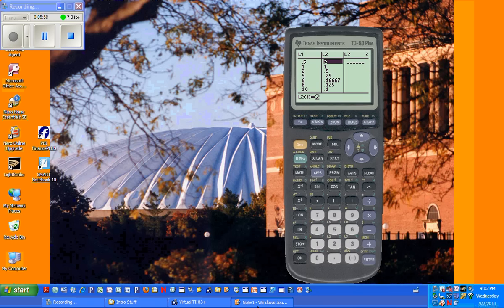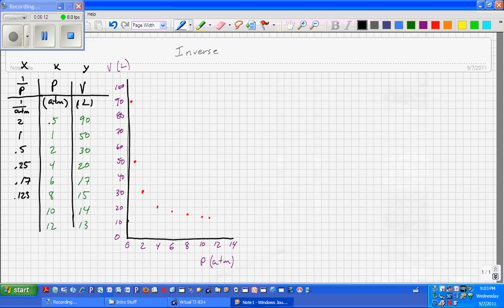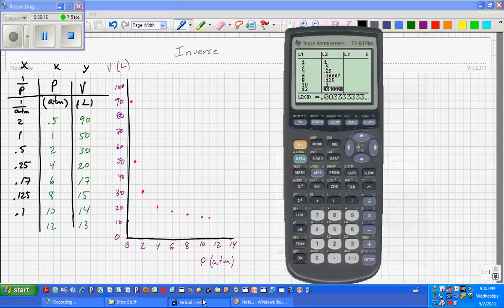And then what do I got left here? 0.125, 0.1, and then that last one is 0.083.